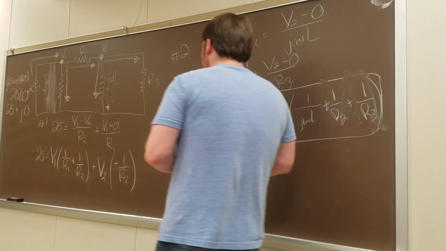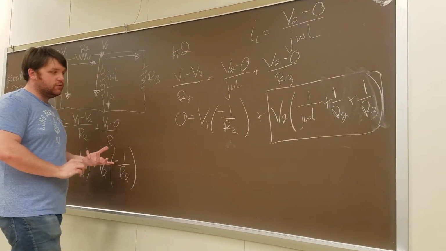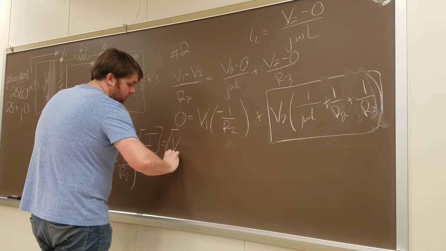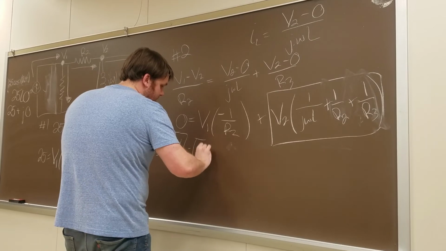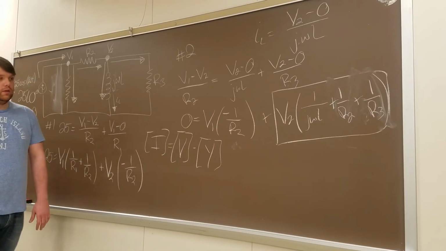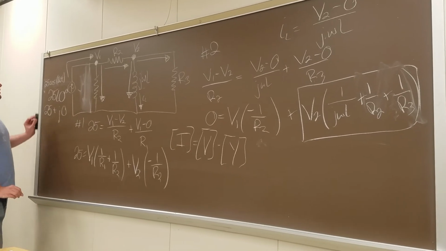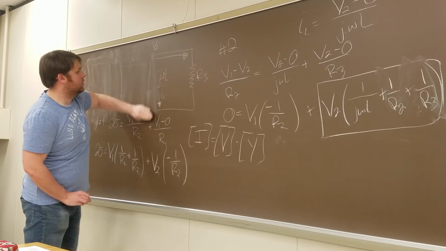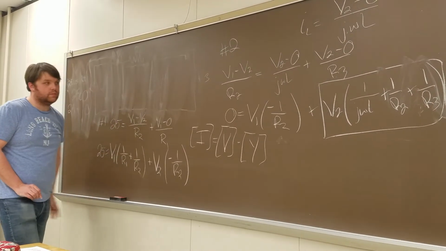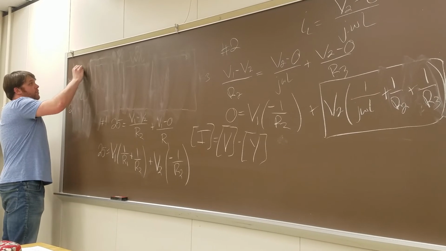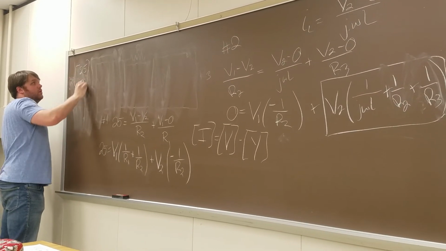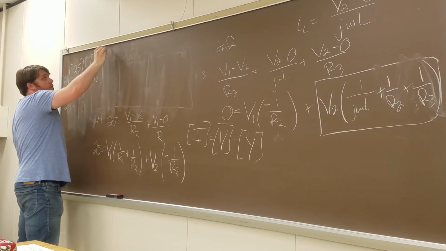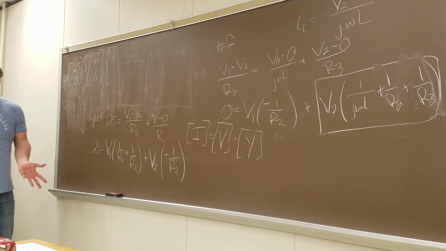Okay? So I'm going to put this matrix together. So I'm going to have a matrix of basically I is equal to the sum of V times an admittance. Admittance is Y. Okay? So I'm just going to erase some space here. So we'll get our I, so 25, 0 is equal to V1, V2 times, well, now we do our admittances.